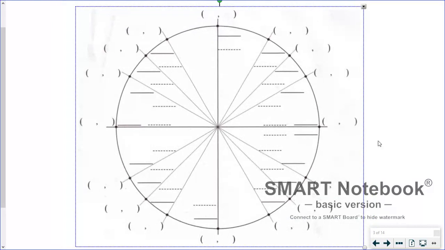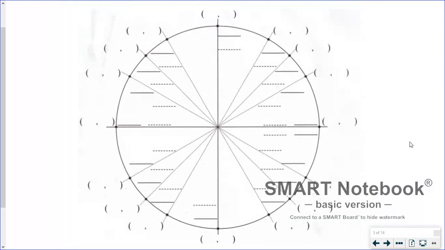No, I actually can give you blank ones. Okay, so this is a blank unit circle.